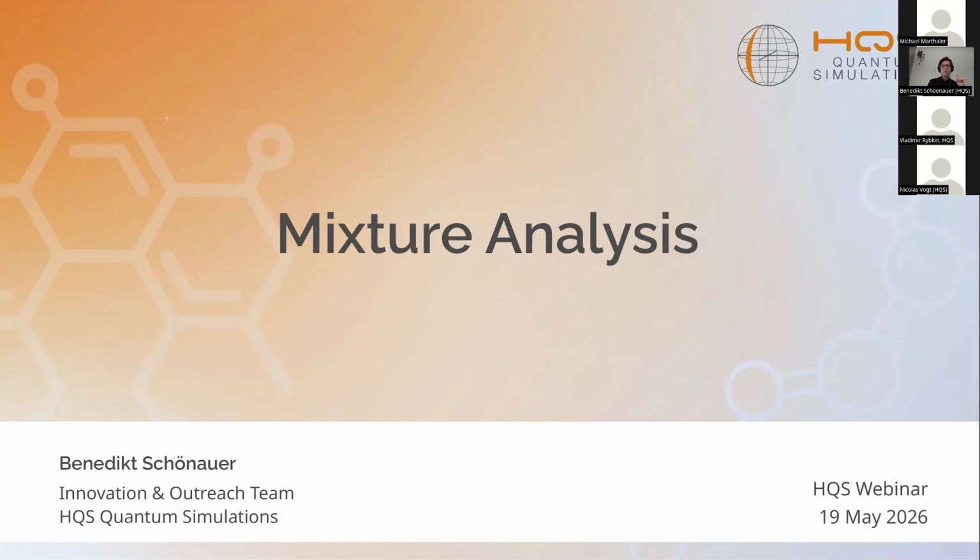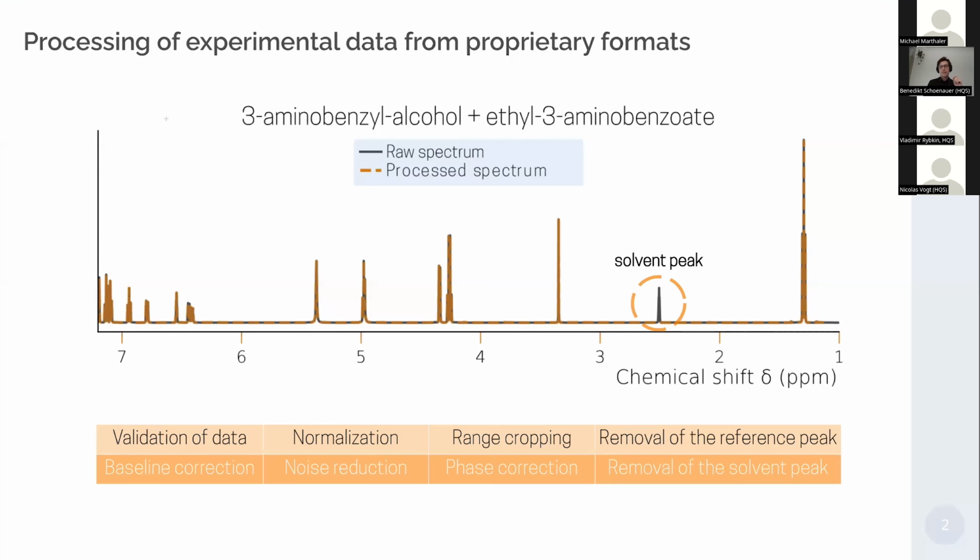But let's talk about the experimental data first. Much of what you see here is the workflow for cleaning up raw experimental spectra, which Nico has already talked about. But I want to begin at a step before that, because we get all of these data from different vendor-specific data formats for the spectrum.